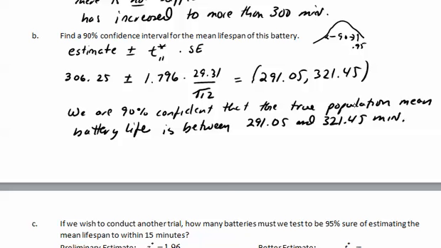Remember, you are always doing the confidence interval about what the population mean could be. You know what the sample is. Your question is, what is the population?